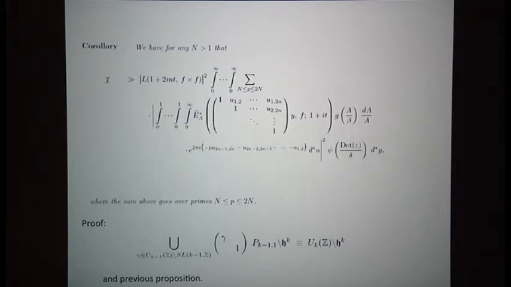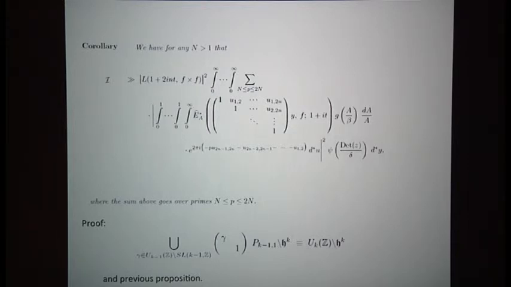The U_K is just the unipotent subgroup, so it's just a Euclidean integral. The x are from 0 to 1, and the y is from 0 to infinity. So it becomes a very simple domain. The group integral is gone. It's just a Euclidean integral because of this unfolding process.